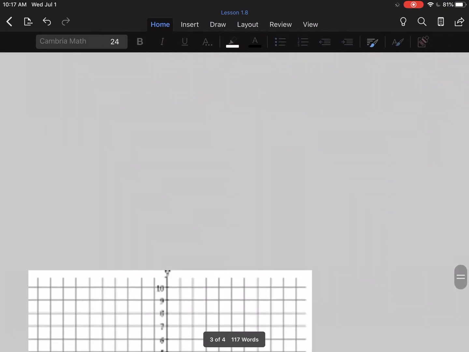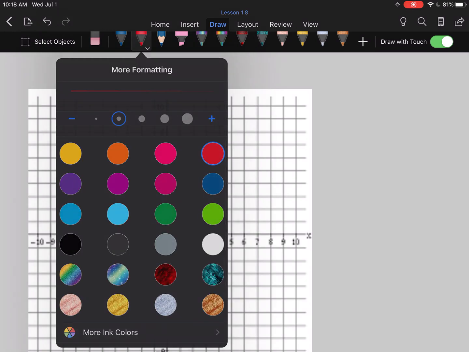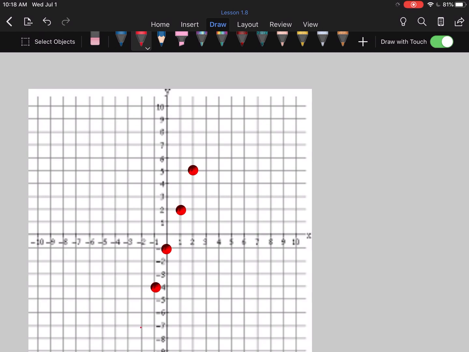Next we have 1, 2. 1, 2 says go right 1, up 2. So it's there. And the last ordered pair was 2, 5. That says go right 2 from the origin, turn, and go up 5. With any luck, we should have ourselves, not the worst I've drawn, a straight line.